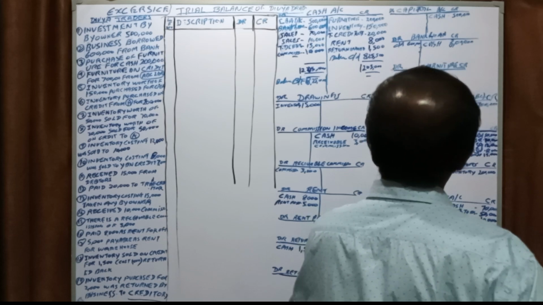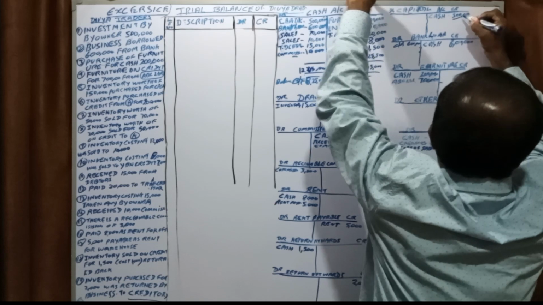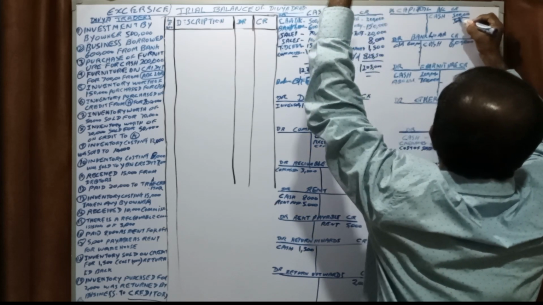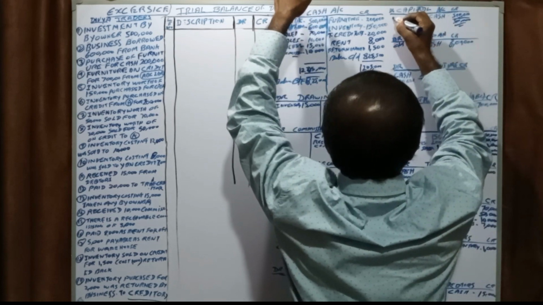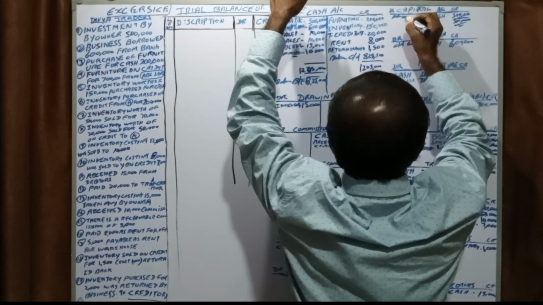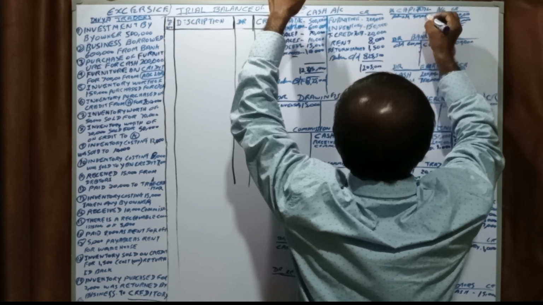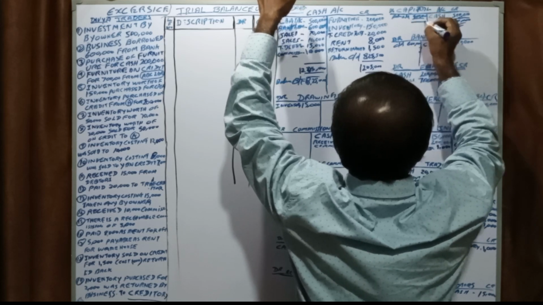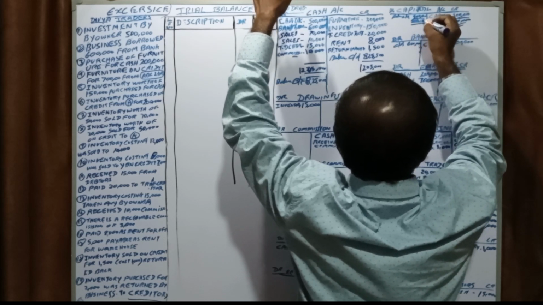Here we will say 500, balance carried down 500,000.